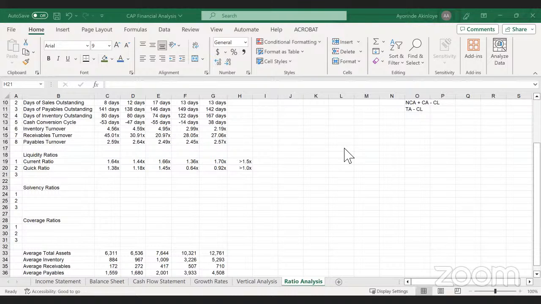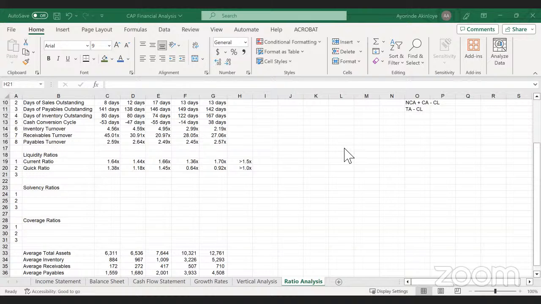So as a rule of thumb to calculate inventory turnover or receivables turnover or anything, we just take an average of the opening inventory balance, that is the opening inventory balance of 2024. The opening inventory balance of 2024 is the closing inventory balance of 2023, right? So we take the average of the closing inventory balance of 2023 and the closing inventory balance of 2024.